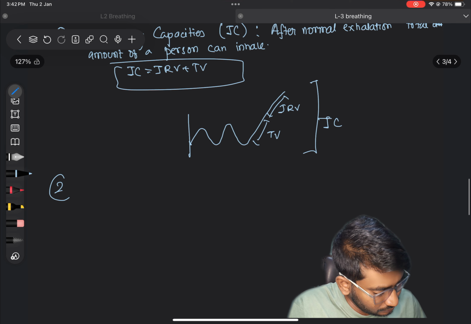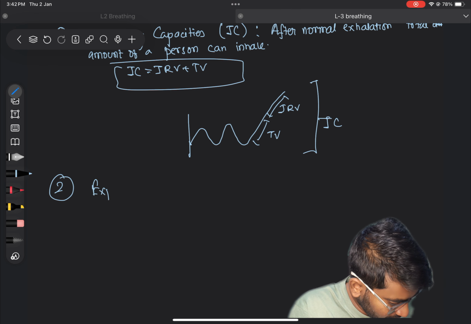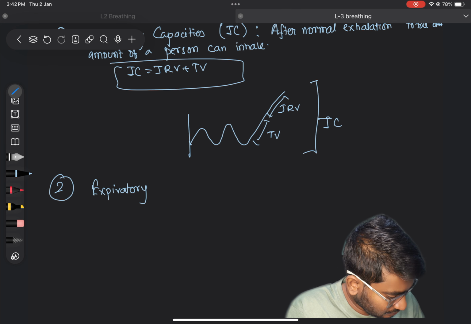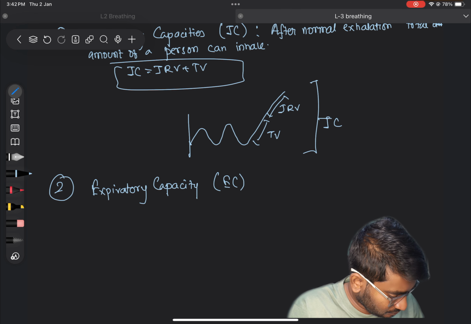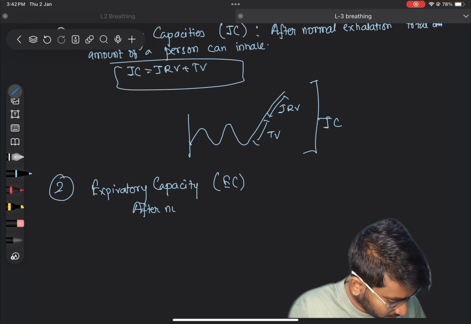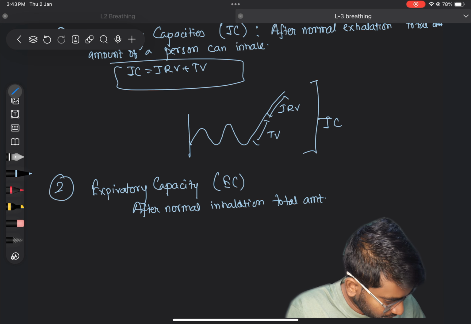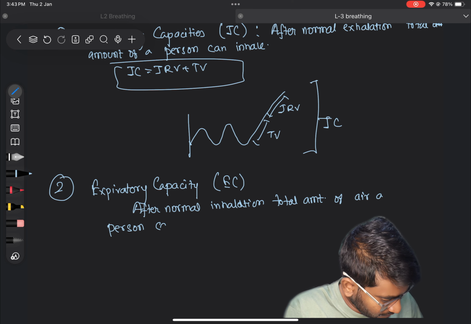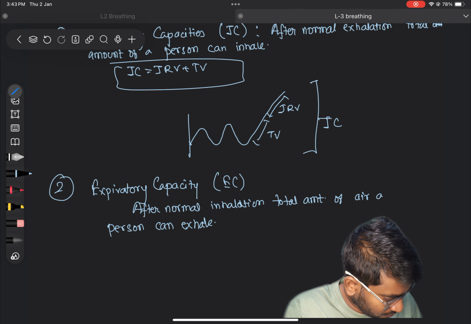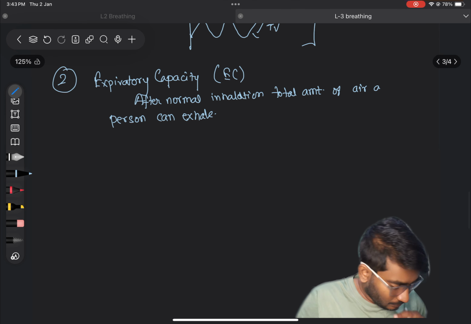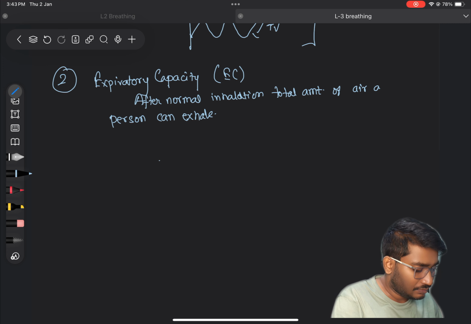Now next is expiratory capacity, EC. After normal inhalation, the total amount of air a person can exhale out.